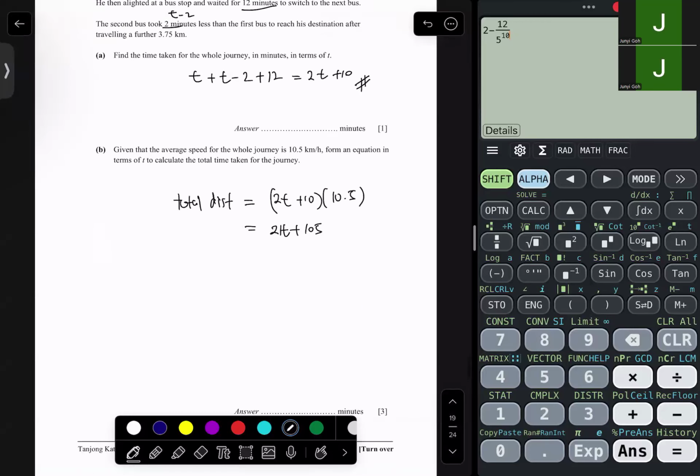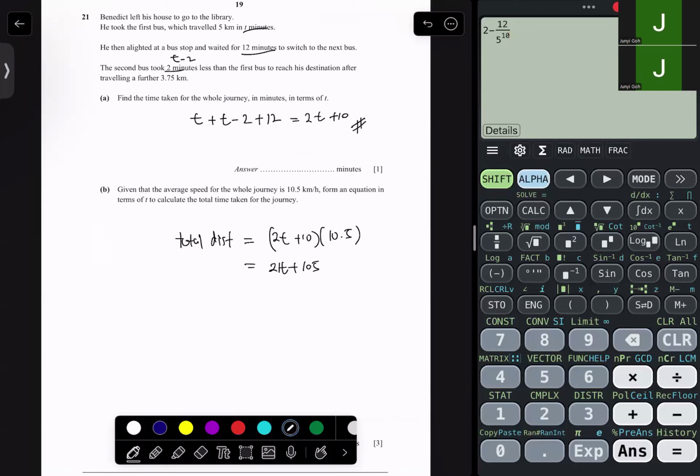Average speed of the whole journey. Total distance is, oh, that is equal to 8.75. I didn't see that, 5 and 3.75, so that is 8.75. 10.5 kilometers per hour, but the time is in minutes, so this one we divide by 60.